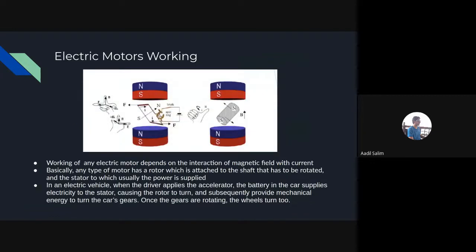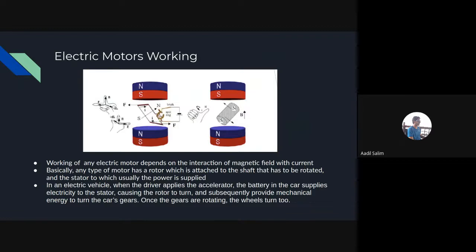Now, how does an electric motor work? There are several kinds of electric motors with various nuances in terms of working, but mainly it depends on the interaction of the magnetic field with electric current. Any motor has two parts.